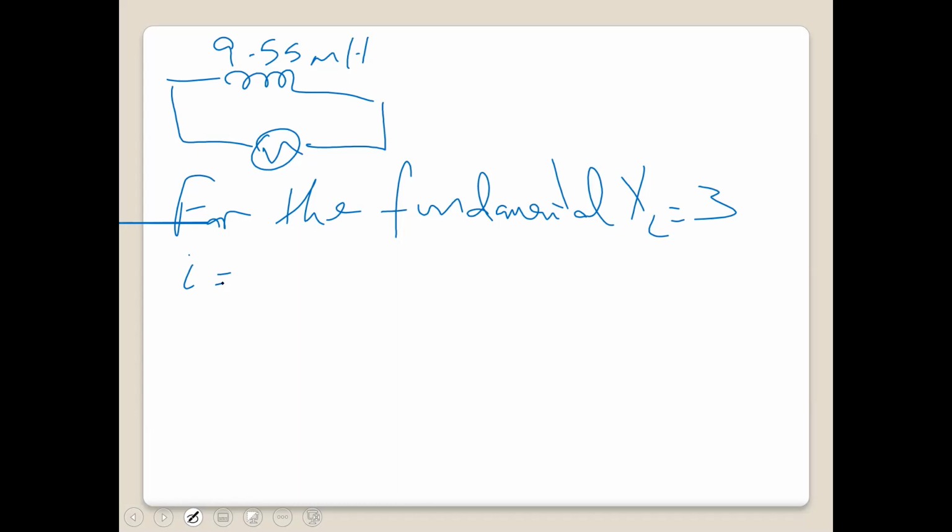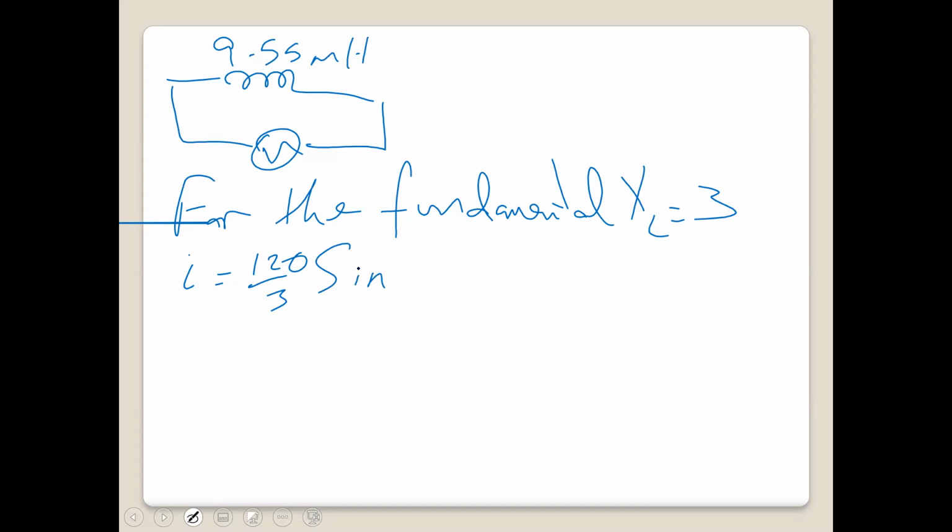If XL is 3, what's the current? It would be 120 divided by 3, sine omega t.